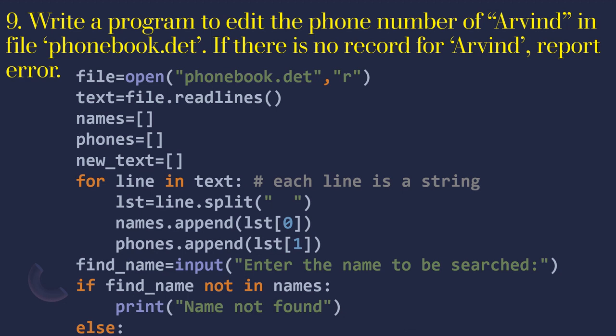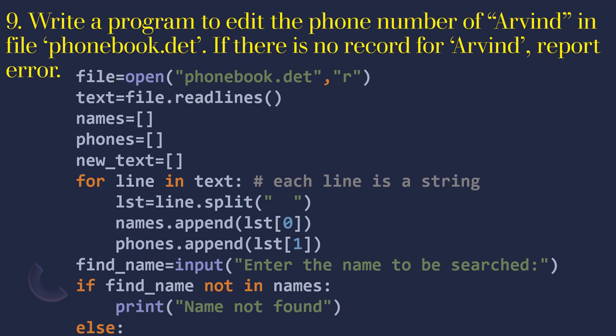If it is not present, then it will give you the appropriate message. Otherwise, if it is present, then it will check for the corresponding phone number and change that phone number, and the changed number will be accepted from the user. That will be updated in this text, and a new text will be formed which will store the updated information, and this new content will be written to this file phonebook.dat. So this is how we can do it.